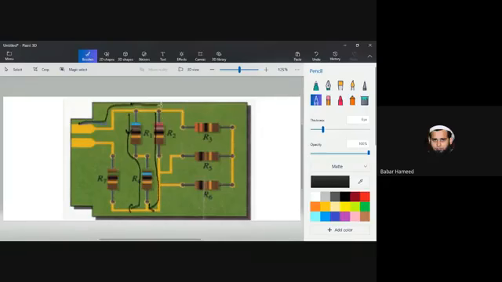Afterwards, current is flowing through this resistance and through this resistance.